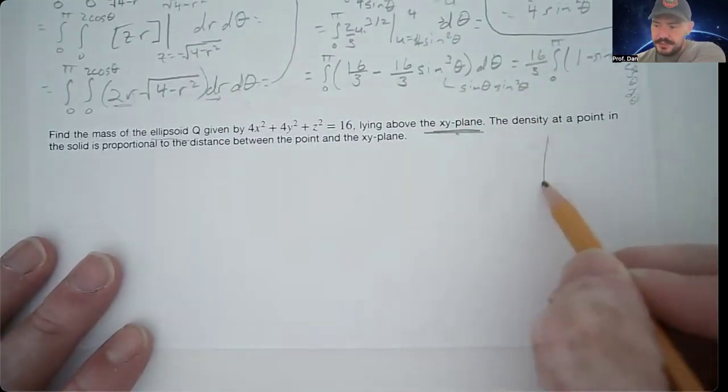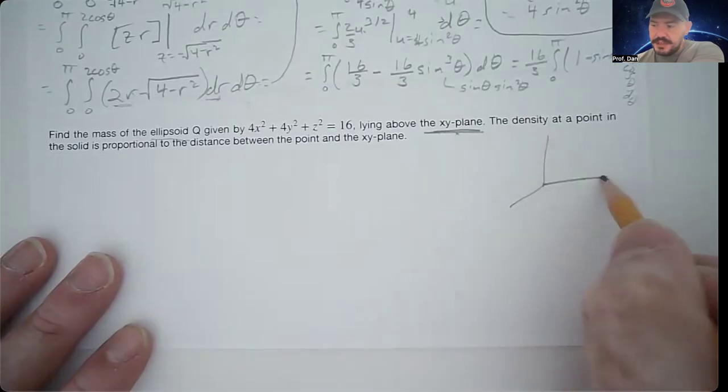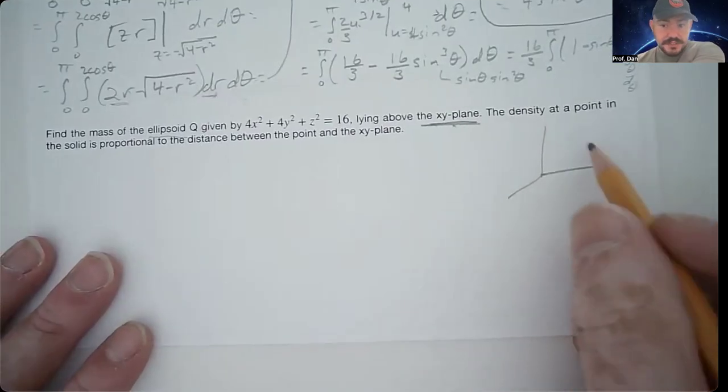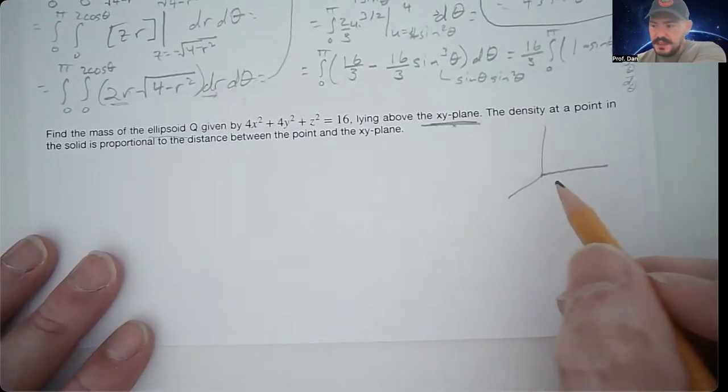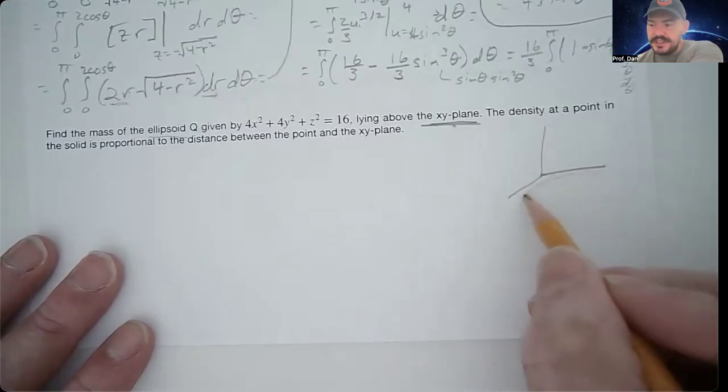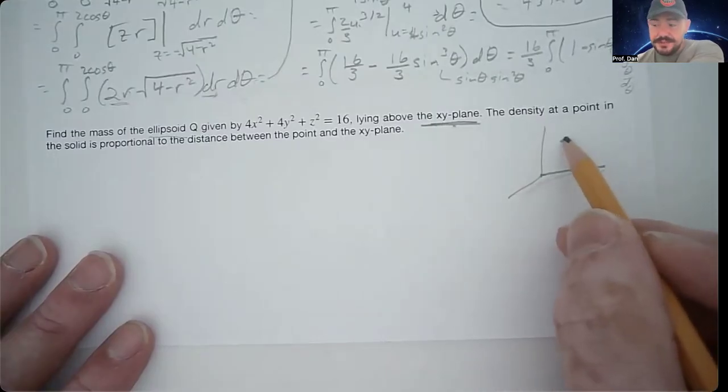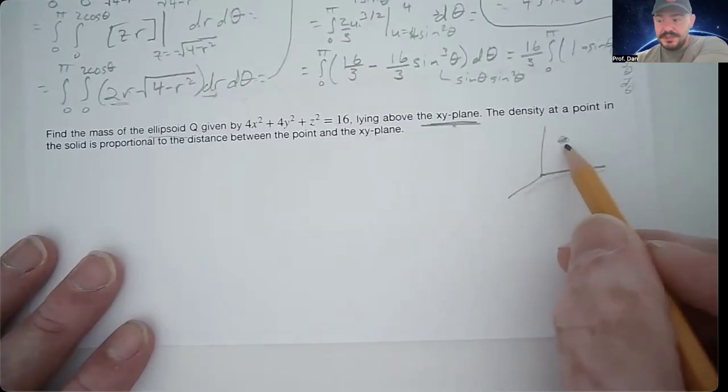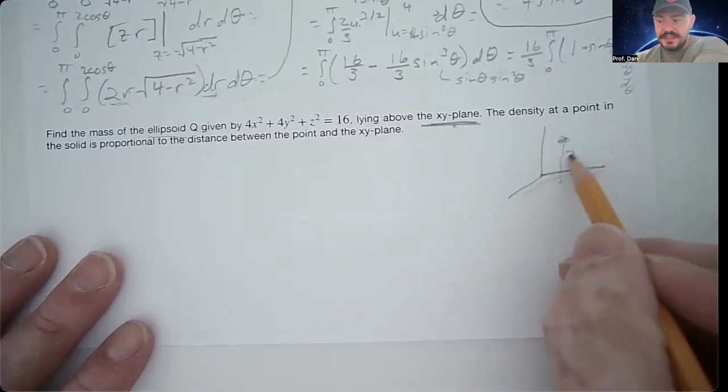So I want you to think about something real quick. If I have my three-dimensional Cartesian rectangular coordinate system, remember the floor here is your XY plane. So the distance away from that at any point is literally just its Z coordinate.